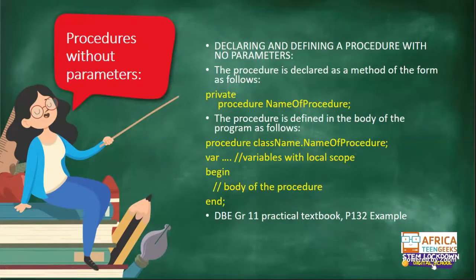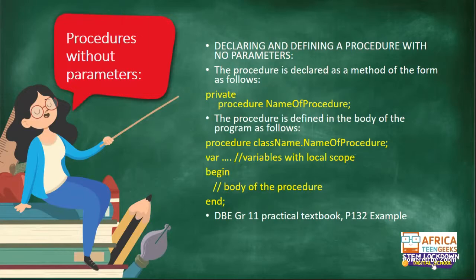Okay, so we're going to look at the first type today, which is procedures without parameters, and then we'll move forward with the next types in the following lessons. So firstly, we've got to tackle here is how to declare, and how to define a procedure with no parameters. So there are two steps here. The first thing that we have to do is we've got to declare it.